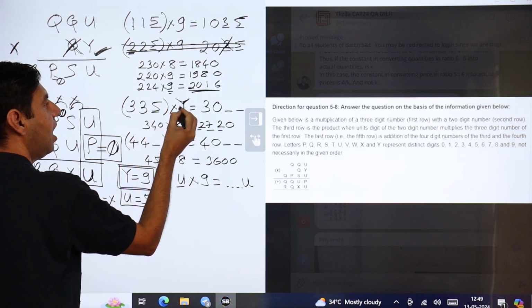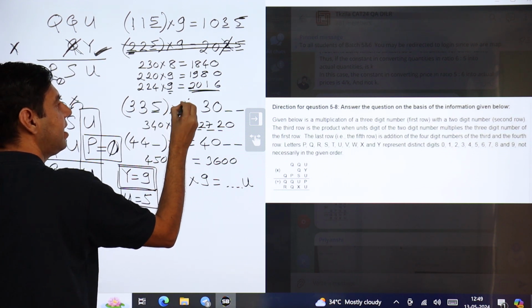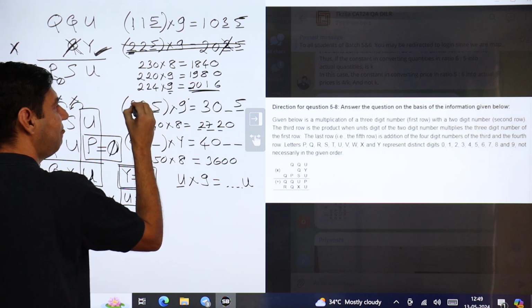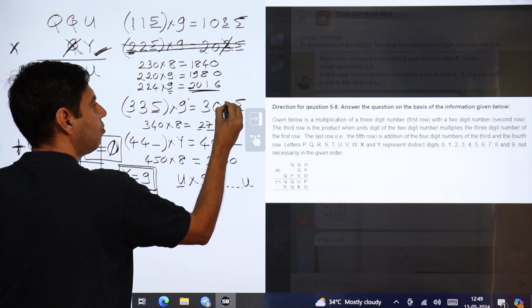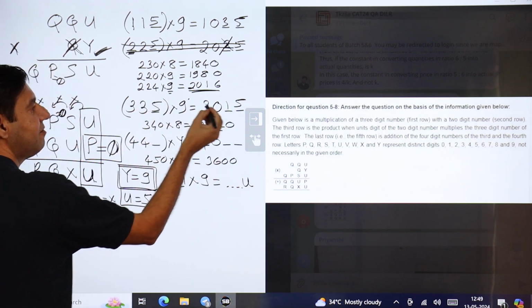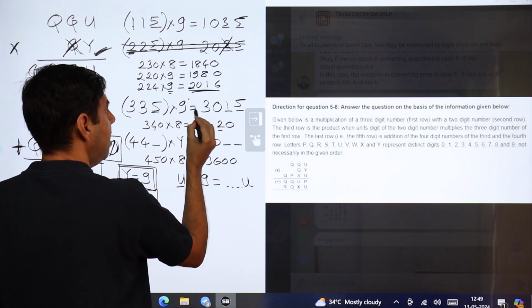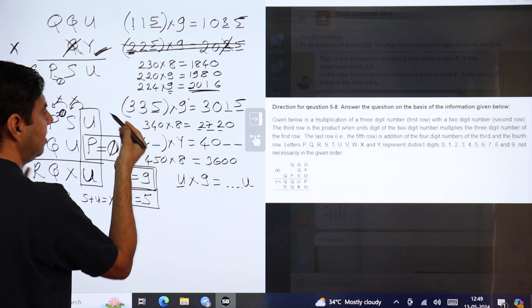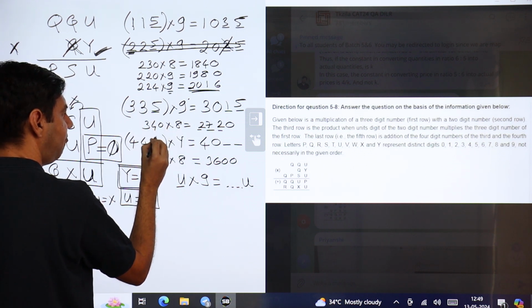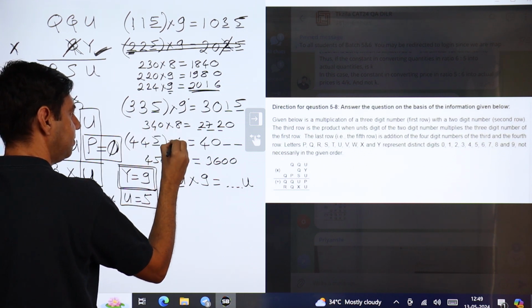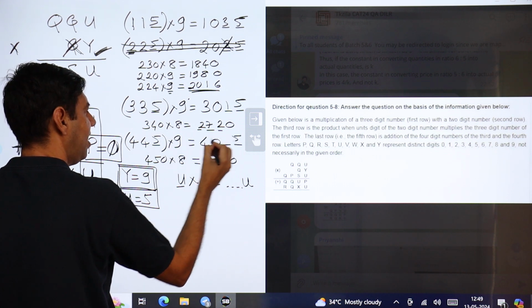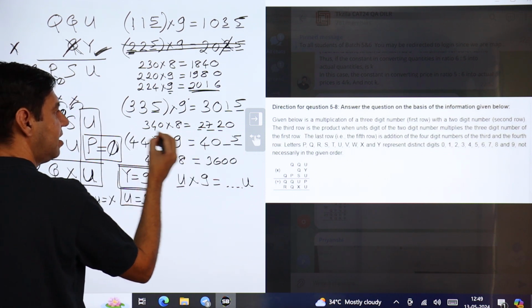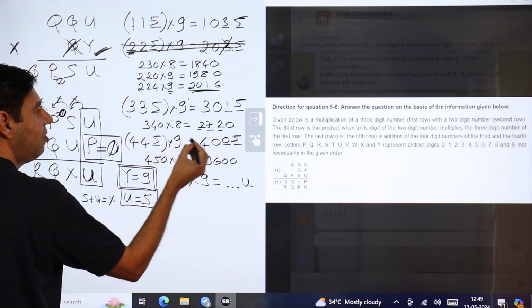How about this? y is a 9, right? 9 5s are 45, 4, 27 and 4 is 31, 3, 27 and 3 is 30, 3015. All seems good enough. q, p, 1, 5, this seems fine here. If I have a 45 into 9, 9 5s are 45, 4, 9 4s are 36, and 4 is 40, 40.